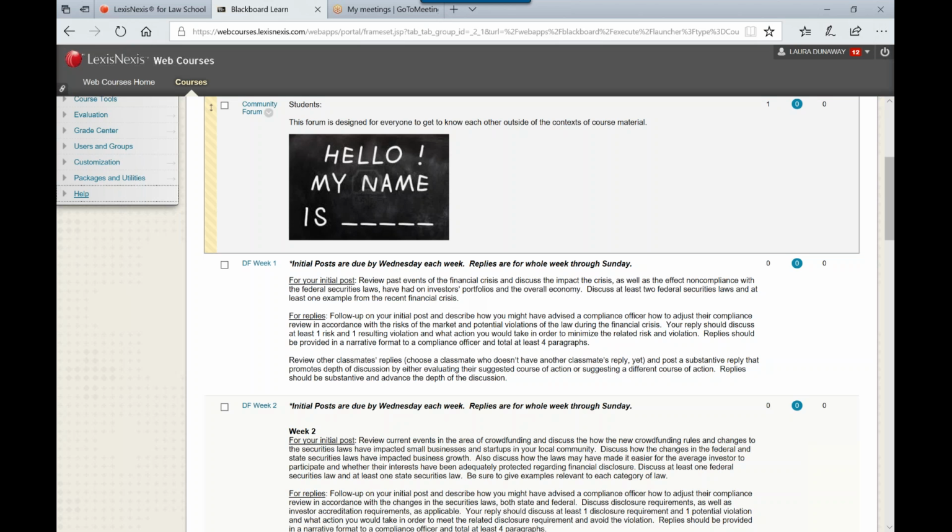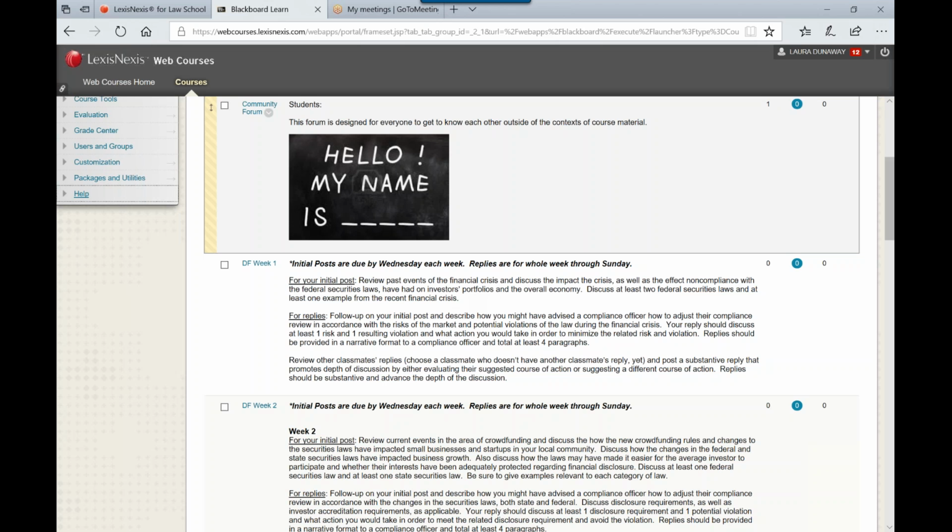And then replies, you also want to be sure that you're looking at that. Usually we're asking for your first reply being some sort of a discussion type, not memo, but for example here it says your reply should discuss at least 1 risk and 1 resulting violation and what action you would take in order to minimize the related risk and violation.